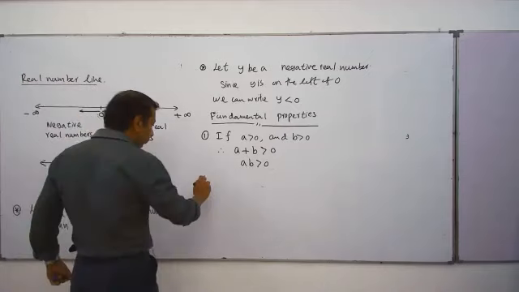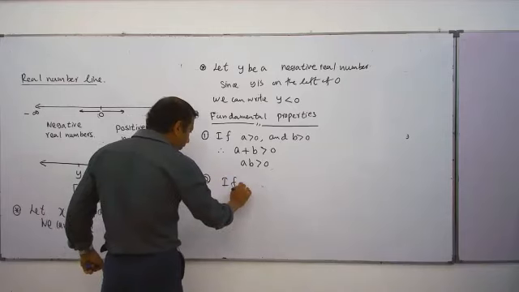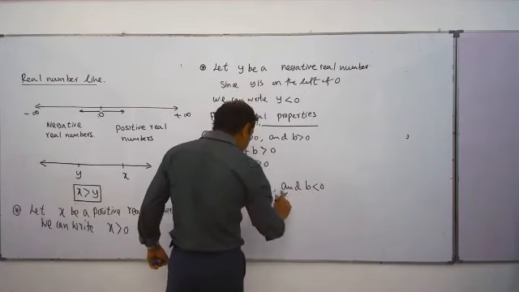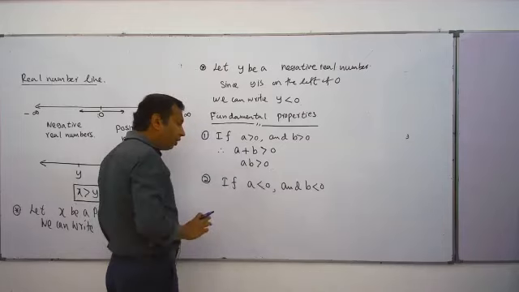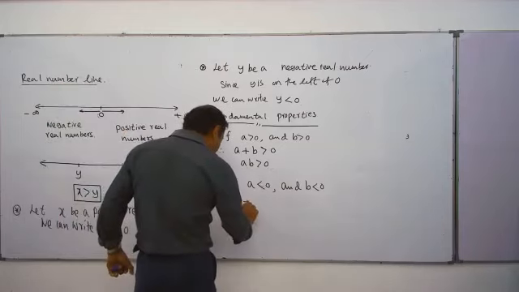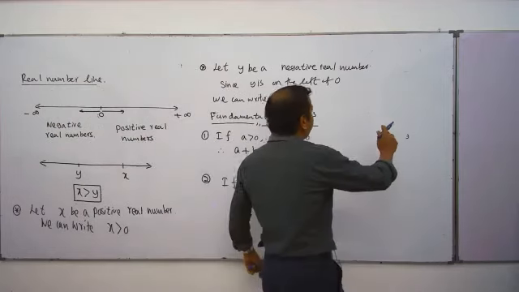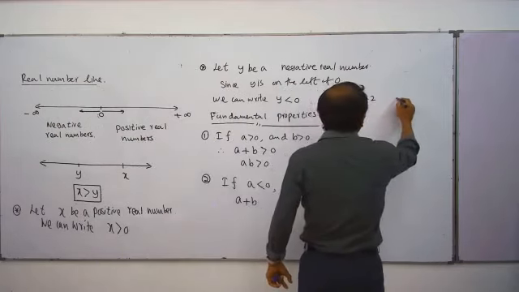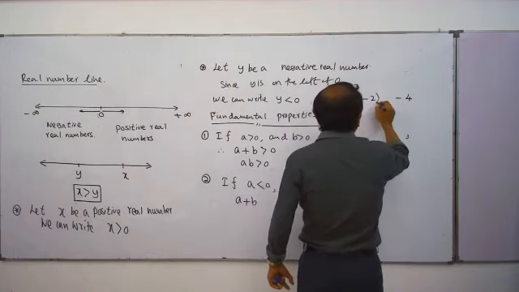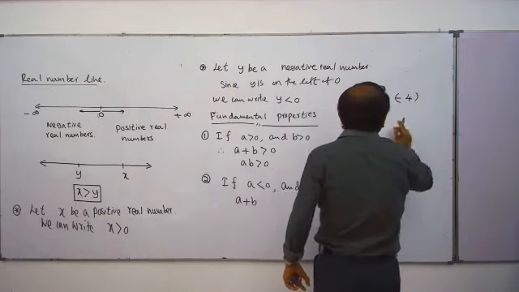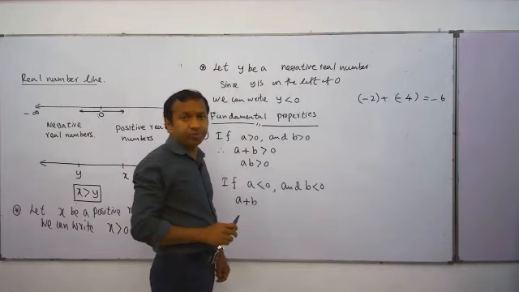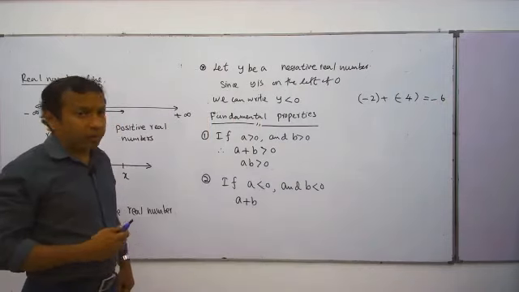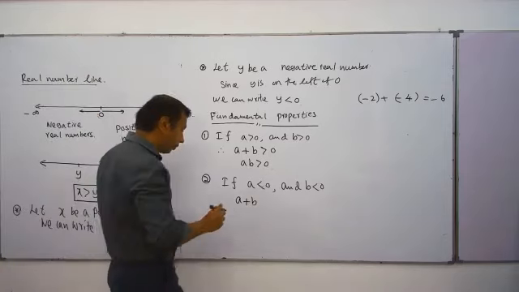Number 2. If A negative and B negative, then what can we say about A plus B? Suppose A is -2, B is -4. We add these two: -2 plus -4 is -6. The sum is also negative.